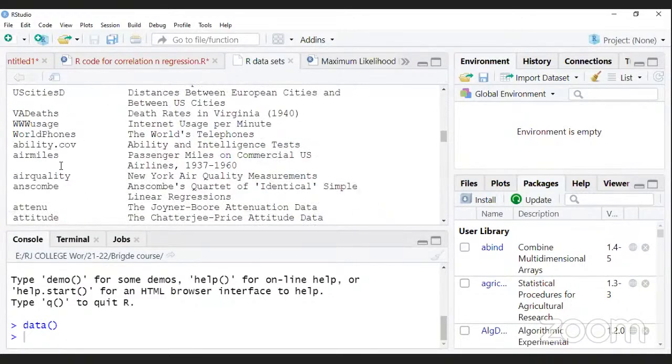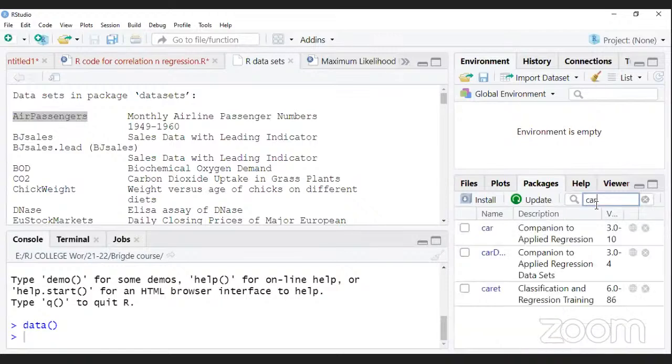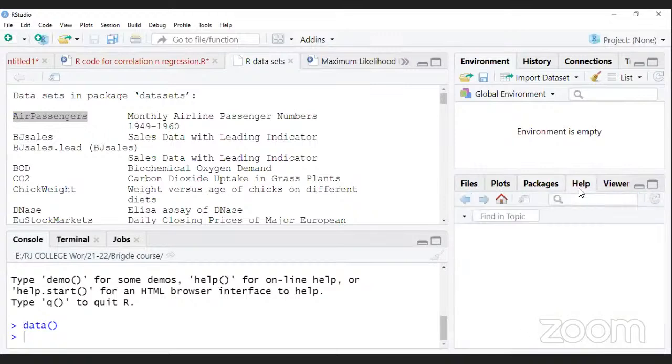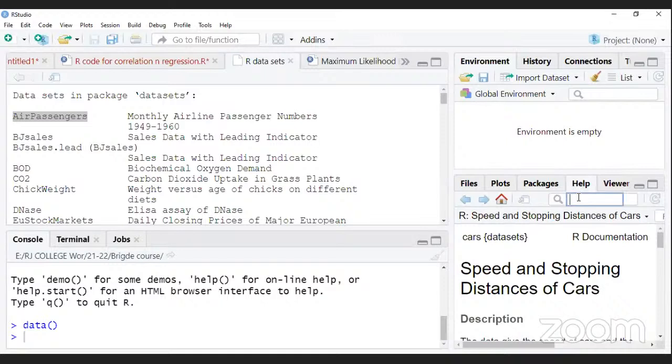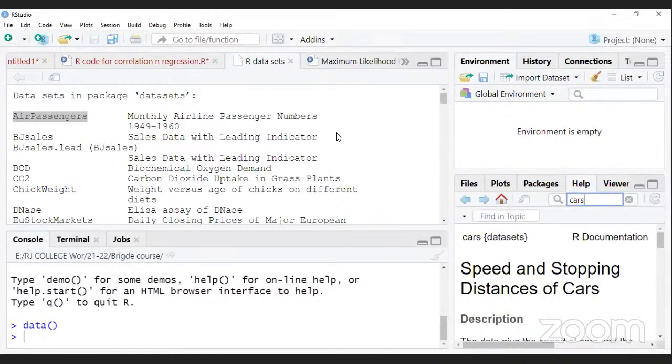If you want to know more about this data, suppose for example, I'm interested to know about the cars data. Okay, so you may just type cars here, or you can simply go to help and write cars data. See, just type cars here.